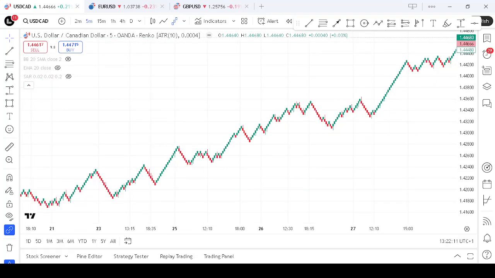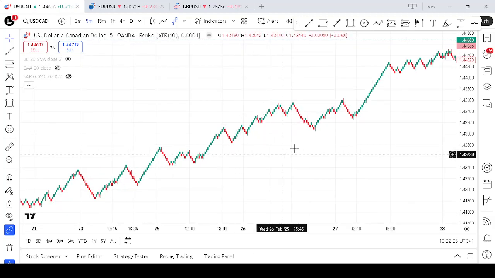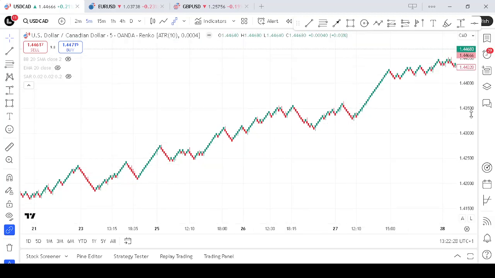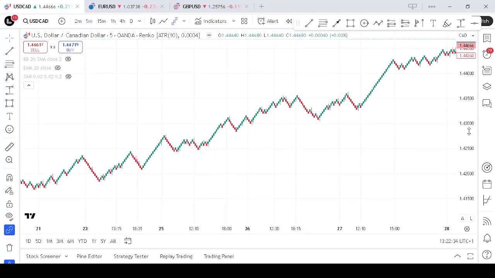Now, what are the Renko charts? They are a unique type of chart that focuses solely on price movements rather than time, unlike your traditional candlestick charts, which form new candles based on time intervals, like 1 minute, 2 minutes, and 5 minutes. The Renko chart creates a new brick only when price moves by a certain amount.